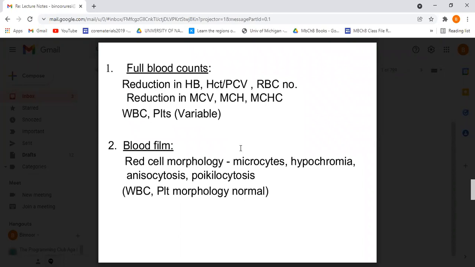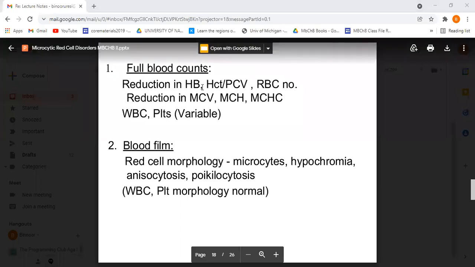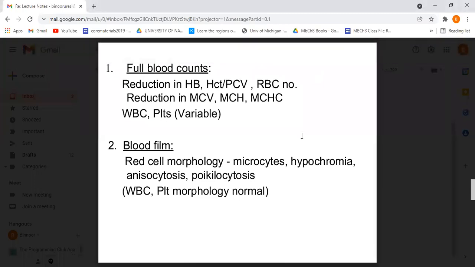And then you have poikilocytosis. Poikilo means different shapes, while aniso means different size. So you have what we call anisopoikilocytosis: different sizes, different shapes. We shall see some of these as we continue with your lectures.